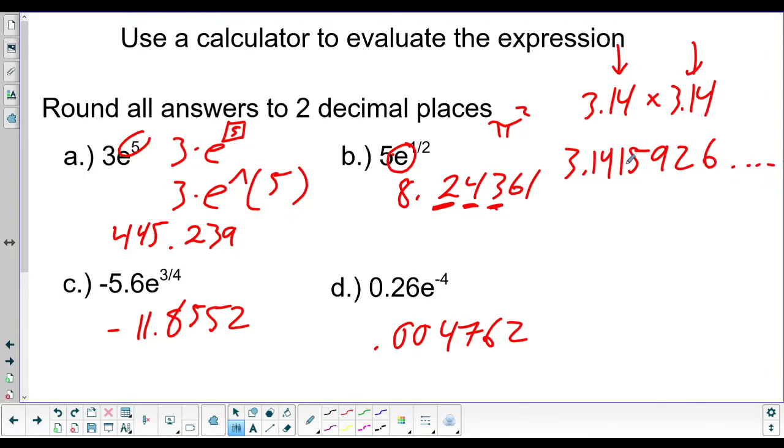So if you leave off all of these extra numbers, you're rounding and your answer isn't exactly correct. So anything you do by hand is going to be wrong. Your calculator takes this to like 20 or 30 decimals and then does it, and then just gives you however many you ask for. So it's going to be better than whatever you do by hand until you get to calculus or whatever.